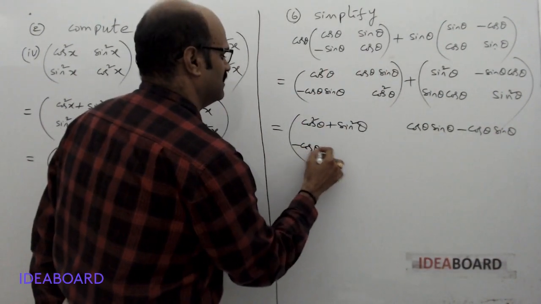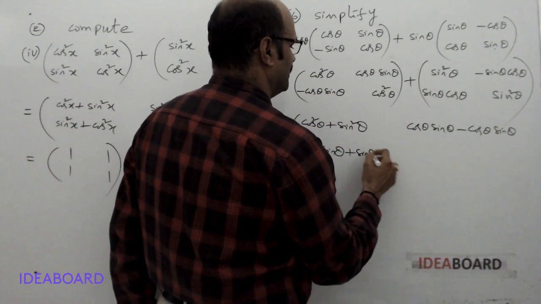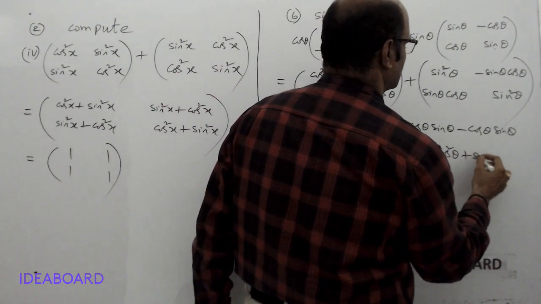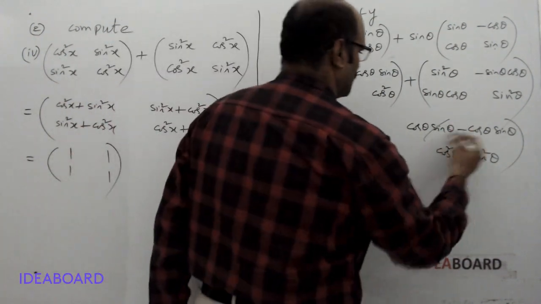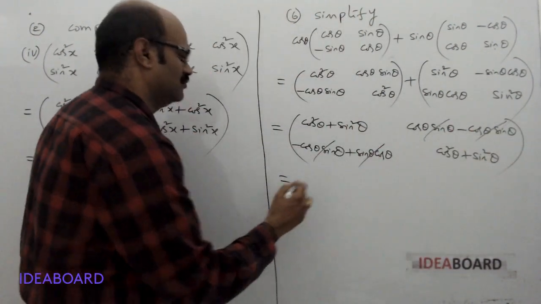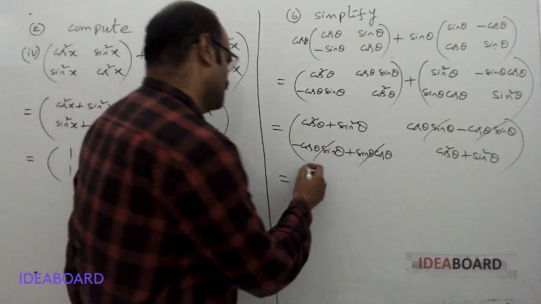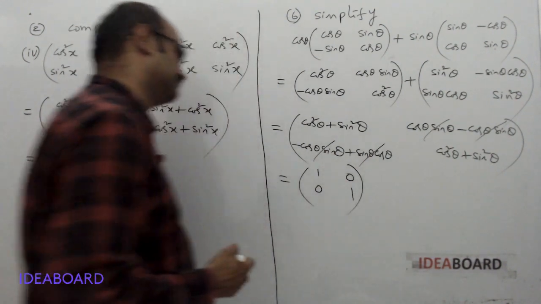Next, minus cos theta sin theta, we have to add these two plus sin theta cos theta. Next, we have cos square theta plus sin square theta. So these two are cancelled. These two are cancelled. So cos square theta plus sin square theta is always equal to 1. 1, 0, here 0, 1.